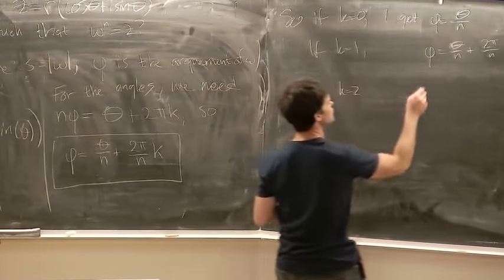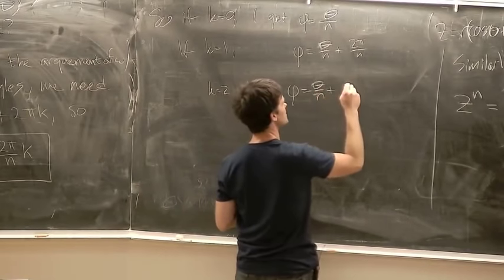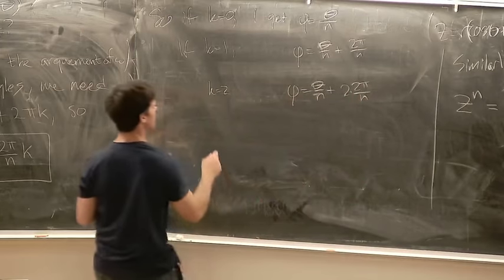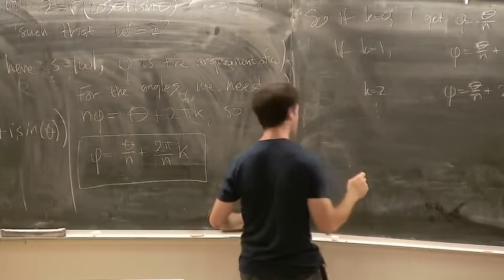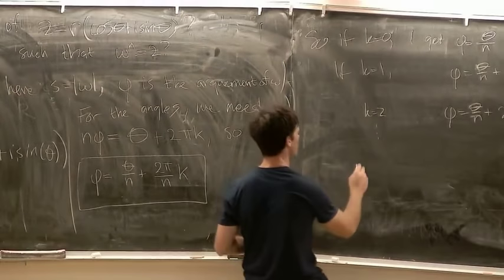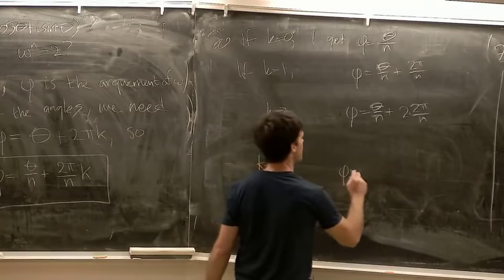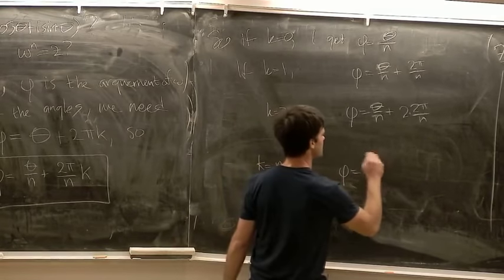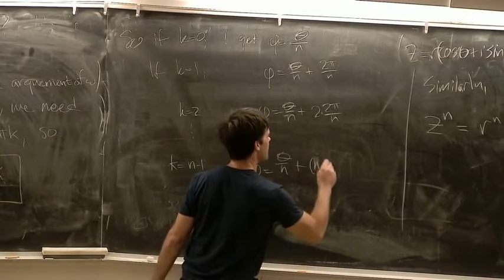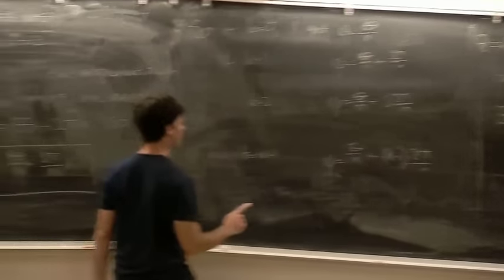If k is 2, I get theta over n plus 2 times 2 pi over n. And I can keep doing this all the way up until k is equal to n minus 1, where phi is theta over n plus n minus 1 times 2 pi over n.